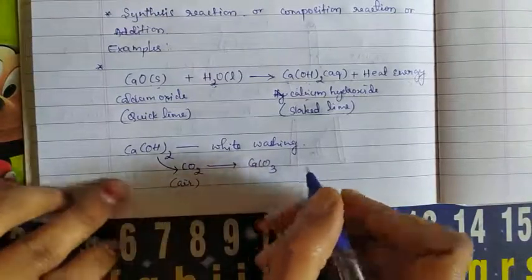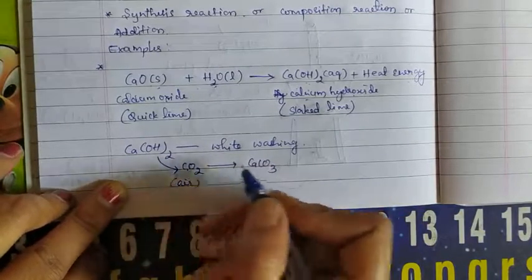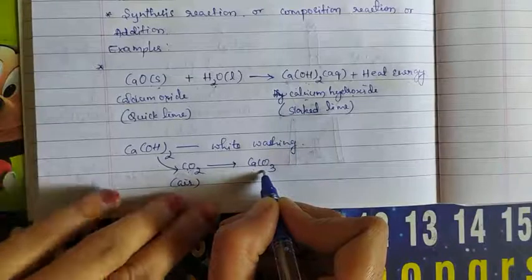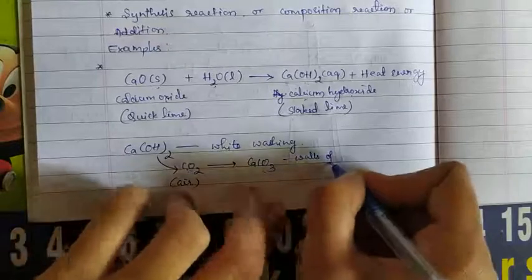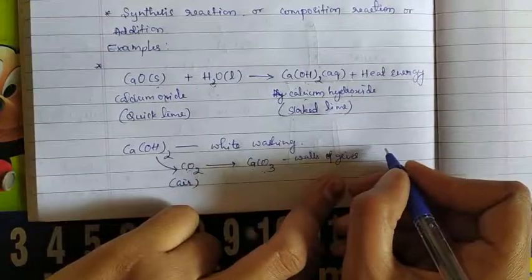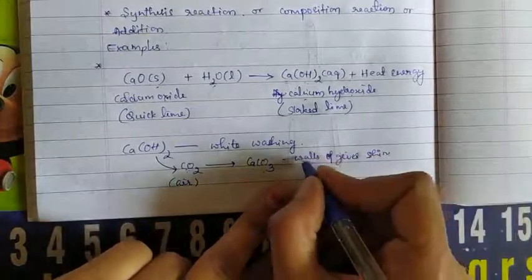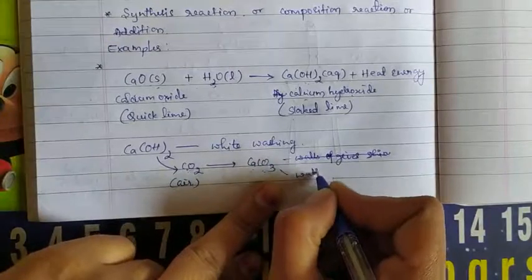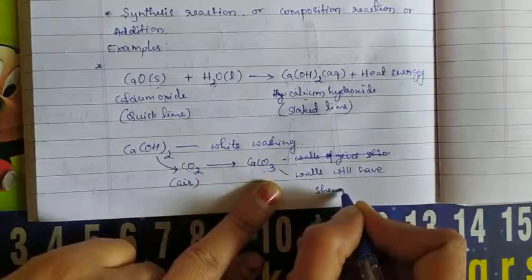On formation of calcium carbonate, the walls get a shiny finish.